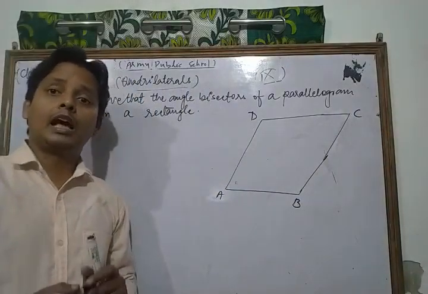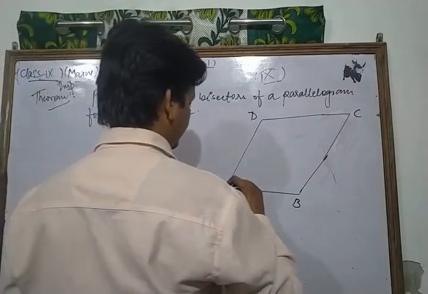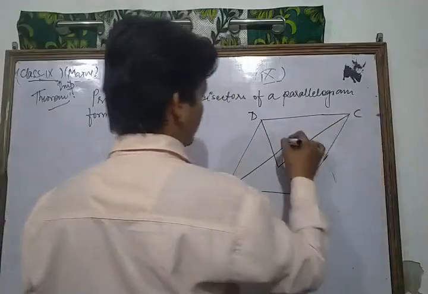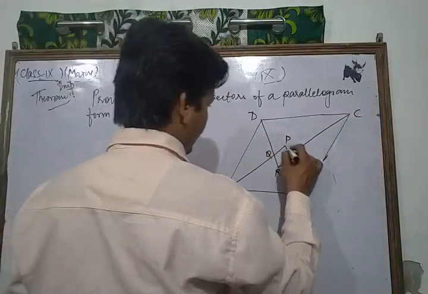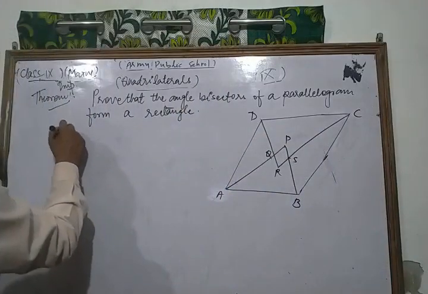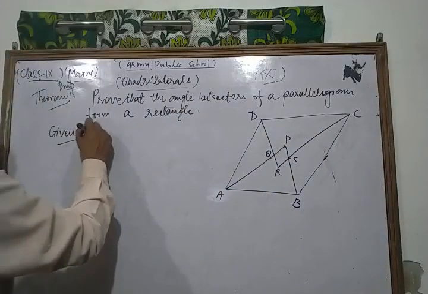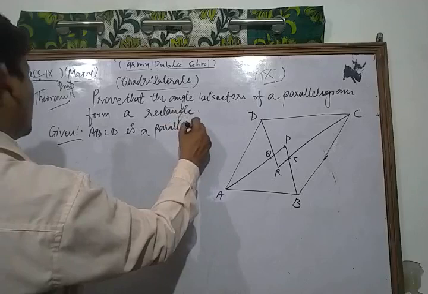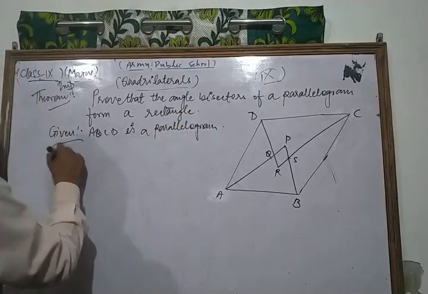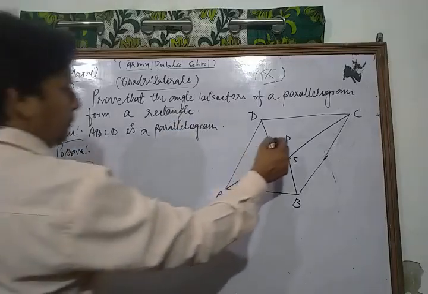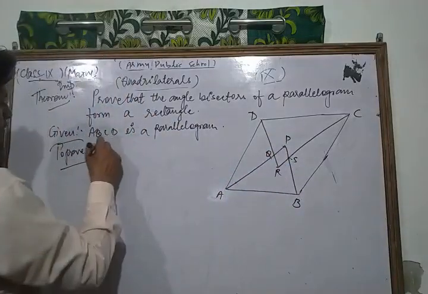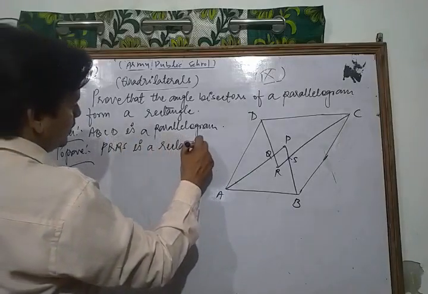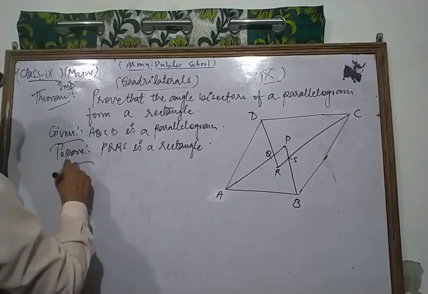We have to show that the angle bisectors form a figure; suppose this is PQRS. First of all we write the given. In given we write ABCD is a parallelogram, and we have to prove that PQRS is a rectangle.